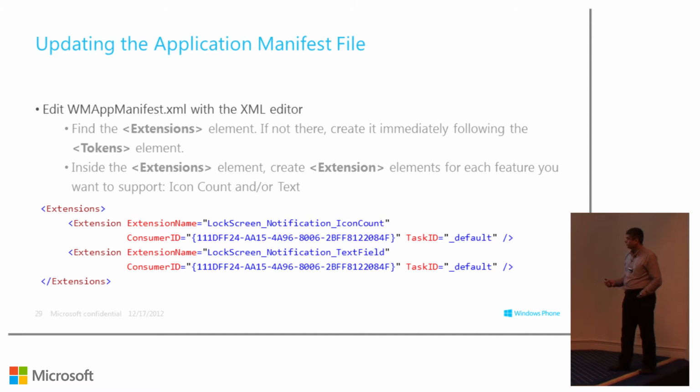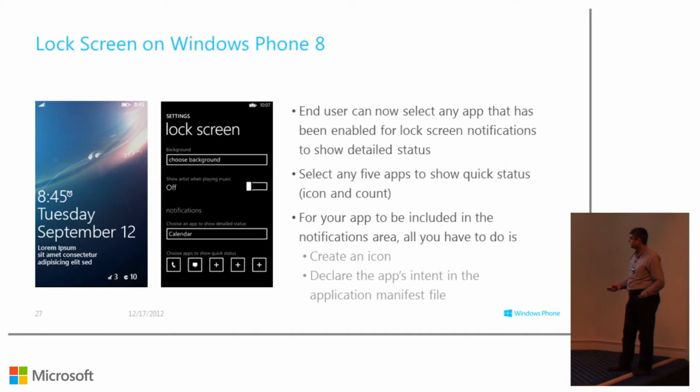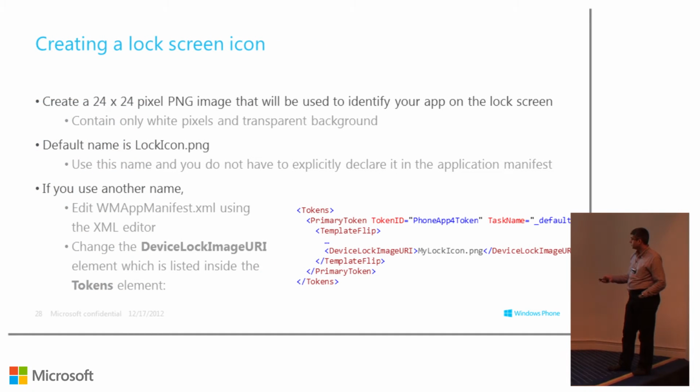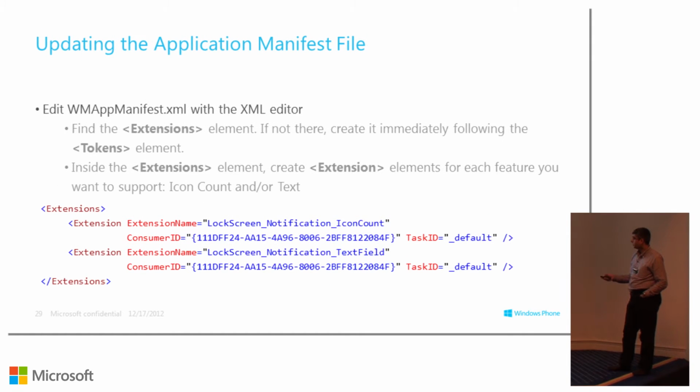Now if you see the new lock screen, you have an image and you have a count property, right? So this is the image that you are providing, and if you want to provide a count property, then you need to provide the extension. So you take this extension and you put it in the manifest file.